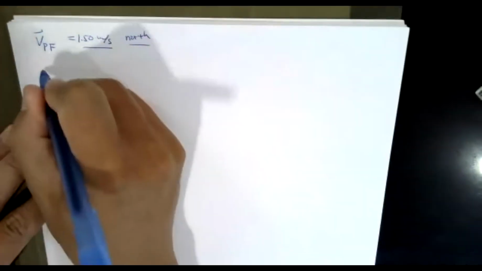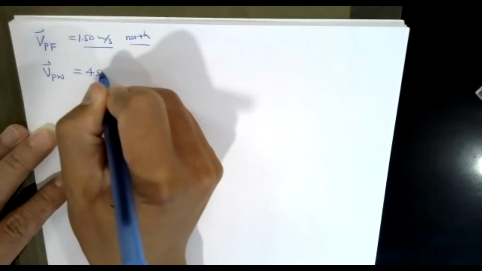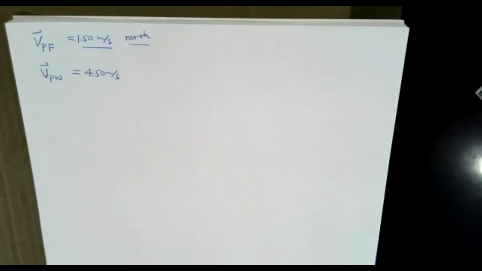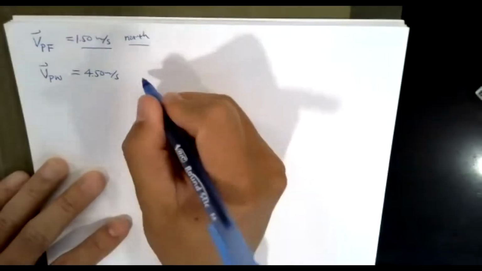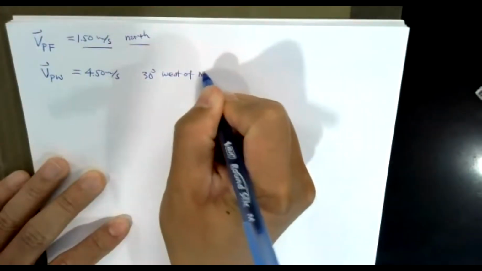And then it says the velocity of the person with respect to the water is 4.5 meters per second, 30 degrees west of north.